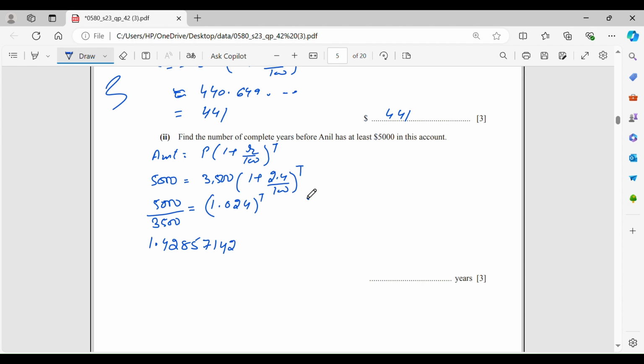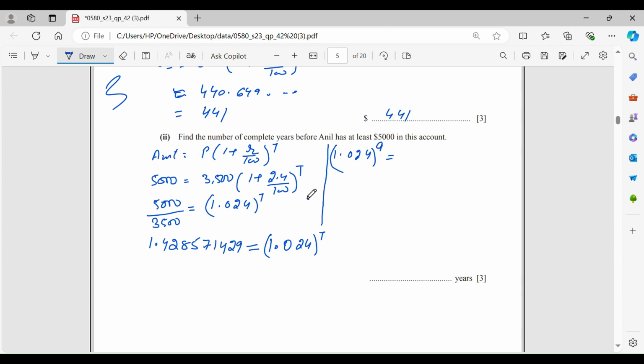So 1.429 is equal to 1.024 raised to the power t. Now we will use the trial and error method. Let me try 1.024 raised to the power 9.